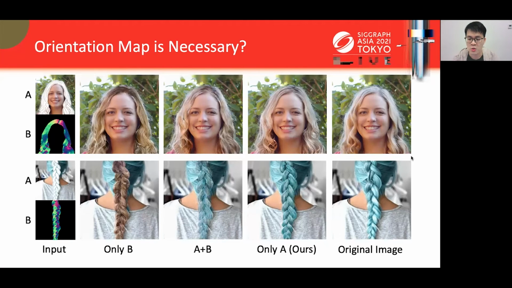So we use the orientation maps predicted from hair sketches to train 2 more sketch-to-image models. One model takes as input only the orientation maps, while the other takes as input both orientation maps and hair sketches. As the results show, the model with only an orientation map generates flattened hair textures and blurry boundaries of hair wisps.